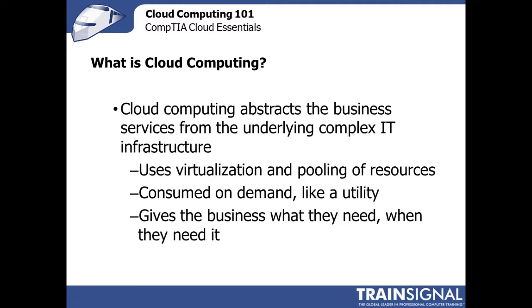Now, it uses virtualization and a pool of virtualized resources to do it. The business can consume those services and those applications on demand whenever they need to, however much they need to, just like a utility. For example, you don't go out and buy your own power plant. You don't buy a huge block of kilowatts of electricity from the electric company.